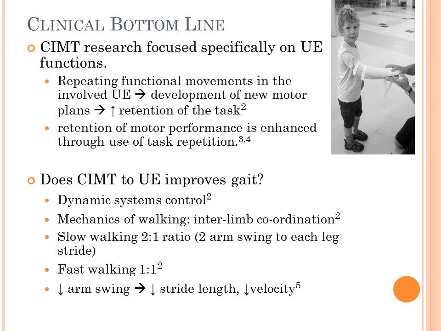Hence, when there is decreased arm swing, it leads to decreased stride length and a decreased velocity. So upper extremity function does affect the lower extremity function.